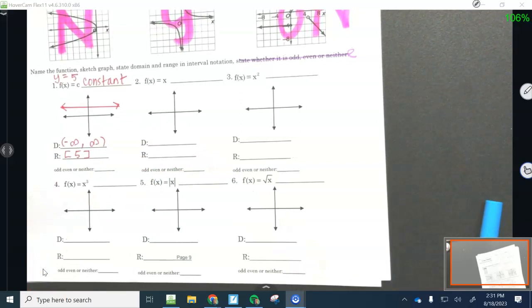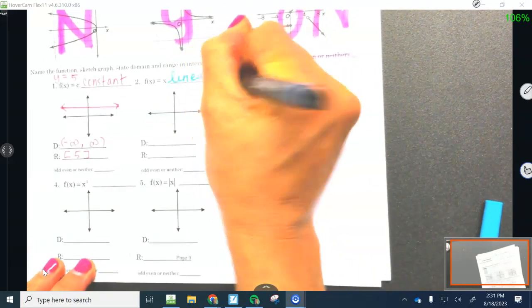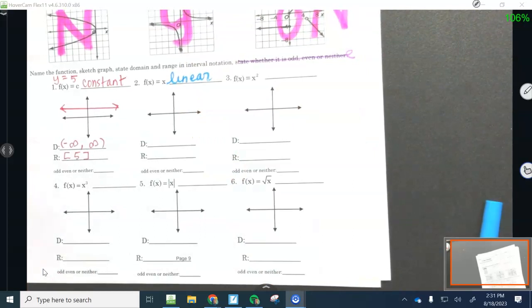Okay, the next graph, f of x equals x. Do y'all remember that one? That's a line too. It's called the linear parent function. Let's write linear on here. And guys, the linear parent function is the only line that cuts the graph in half on the diagonal.